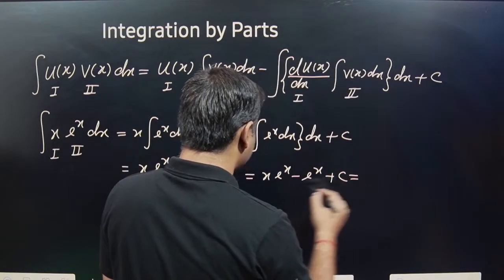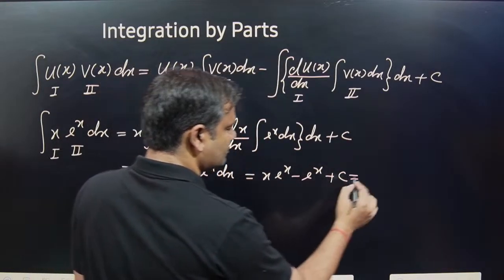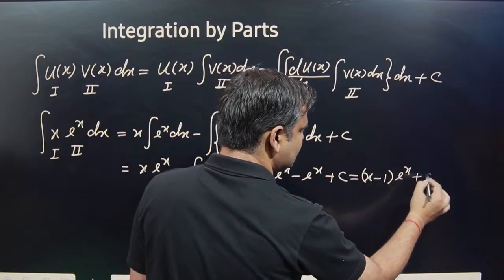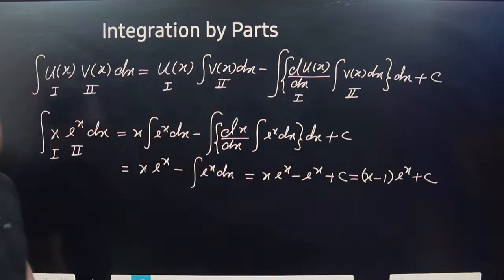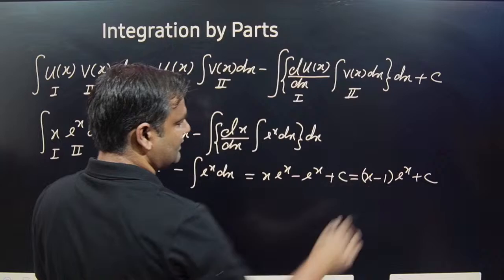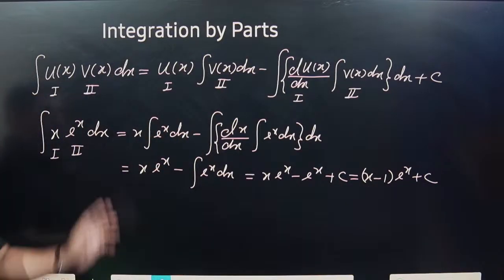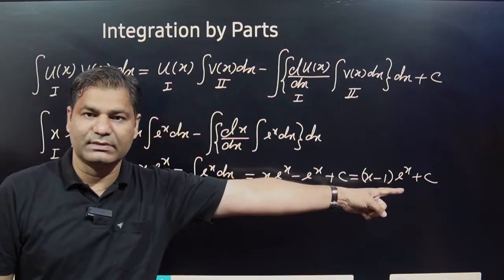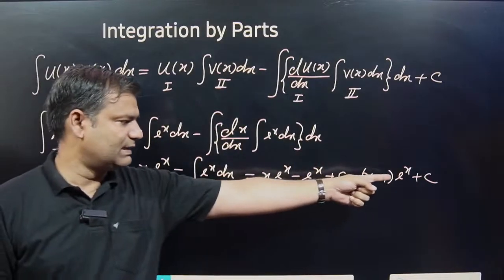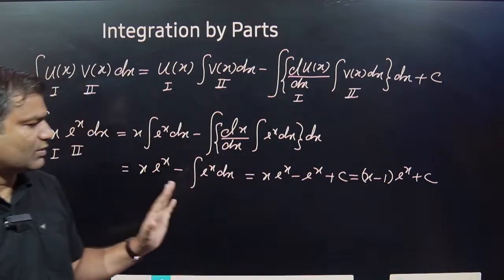So you can say x minus 1 into e to power x plus c is the right answer. After whole integration you can add c. Finally, after solving, add c. Okay, clear or not?